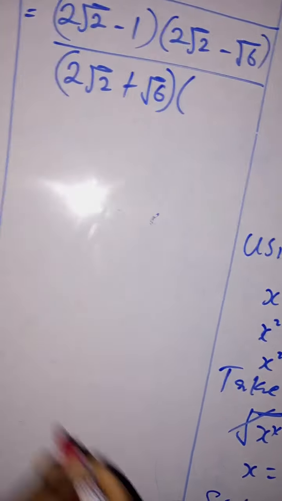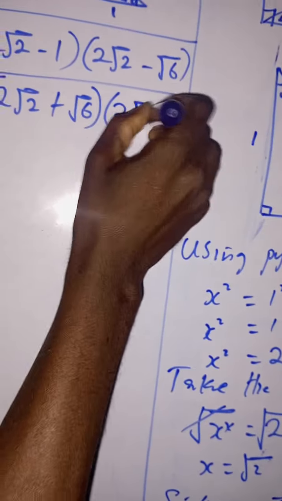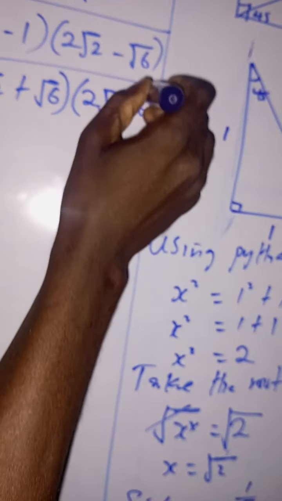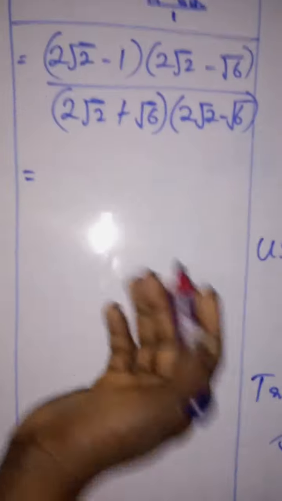If you look at this very well, the denominator is a difference of two squares. So of course, it makes my work much easier.